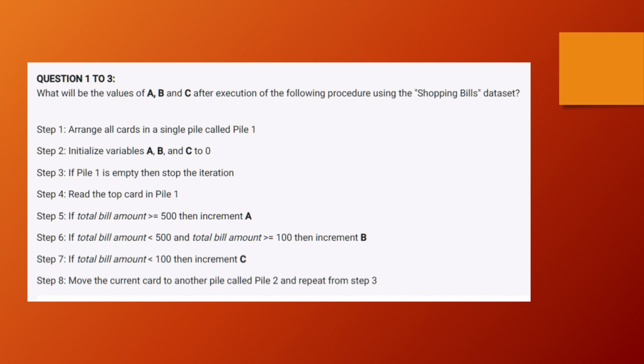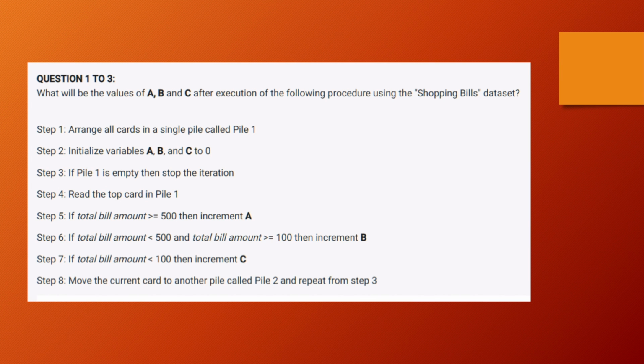So what does it mean? It means that if you find any bill amount, you go through the data set. You have a link that says click here for the data set. You go to the shopping bills data set, and then you will see a list of shopping bills. There you can have a look at what these bills look like, and on the bottom of the card you will see the total amount given for each bill.